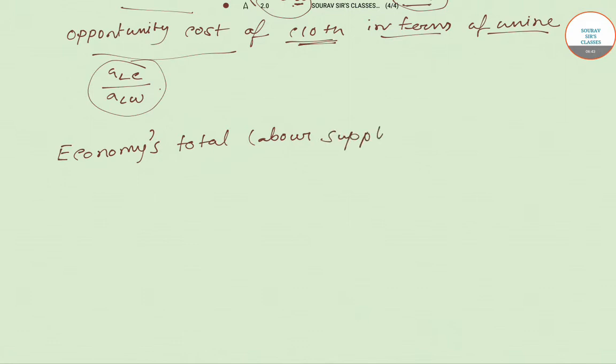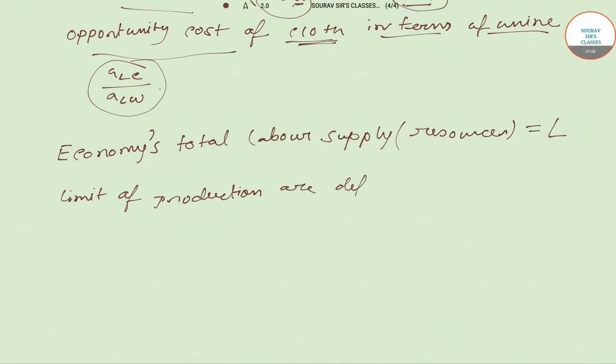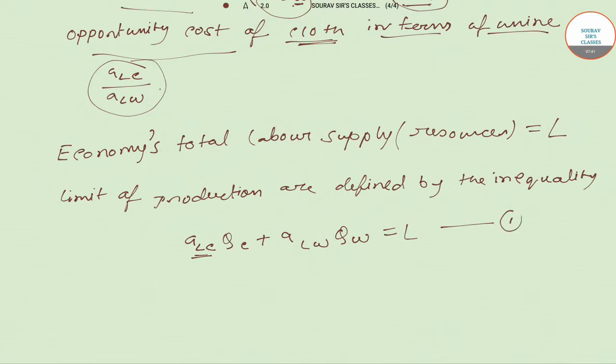The limits on production are defined by the inequality ALC times QC, the unit labor cost of cloth times the quantity of cloth, plus ALW times QW, the quantity of wine, equals L. We'll denote this as the first equation.